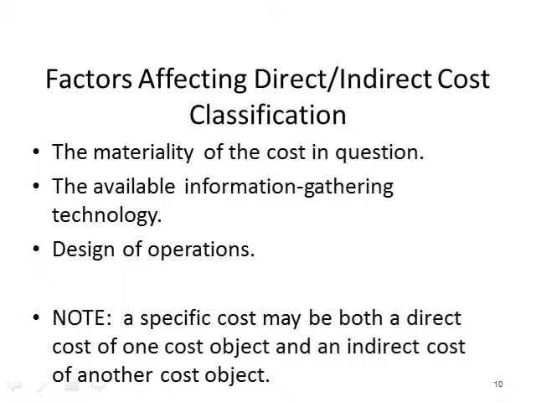And then the design of operations. If a part of the facility is dedicated to a particular cost objective, we're generally able to classify more cost as direct. That's because there's this idea of a causal relationship.